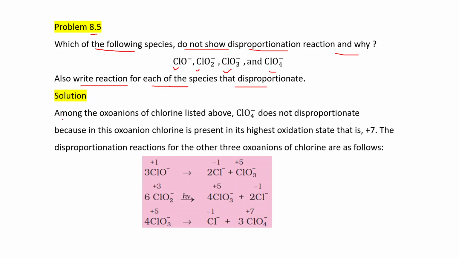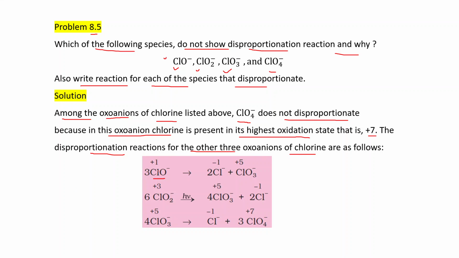Answer: among the oxoanions of chlorine listed above, ClO4 minus, that is the perchlorate ion, does not disproportionate because in this, chlorine is present in its highest oxidation state, that is +7. The disproportionation reactions for the other three oxoanions of chlorine are as follows.